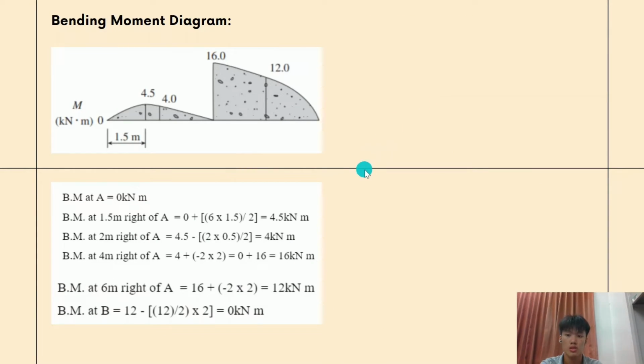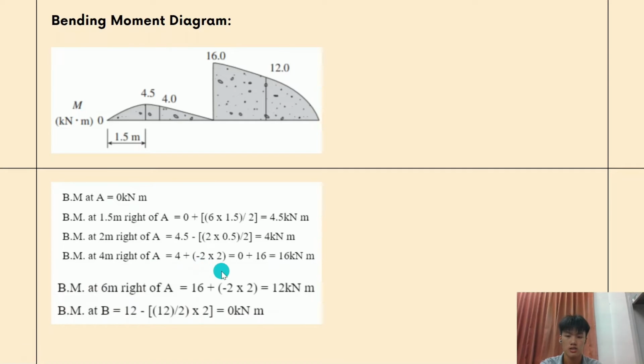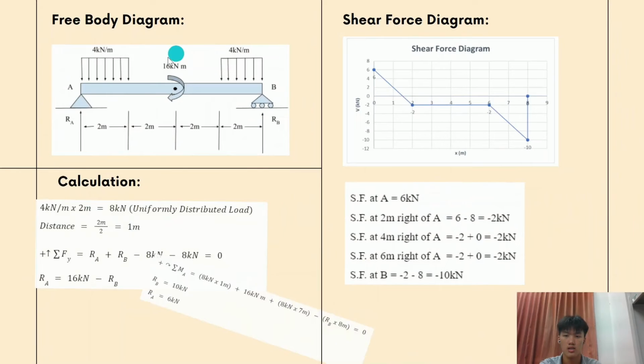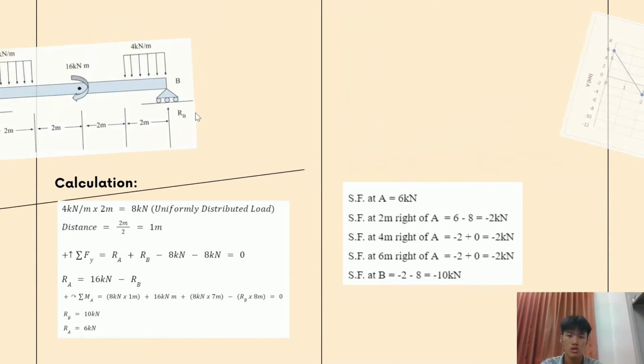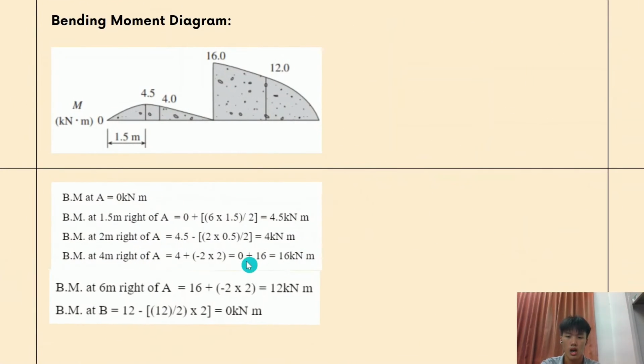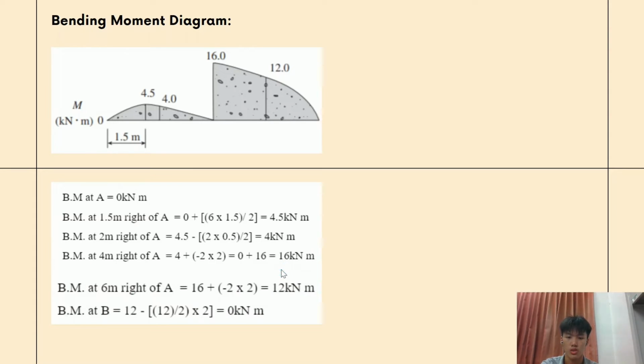For the next 2 meters, 4 kN·m is added with the product of shear force at 4 meters right of point A and distance, which will be equal to 0, but there exists a 16 kN·m bending moment, so we needed to add it with the bending moment at this location, so the final bending moment will be 16 kN·m.